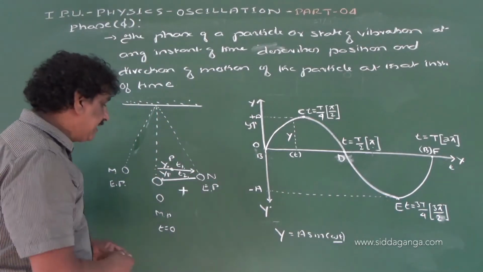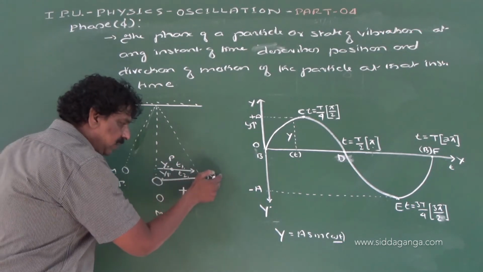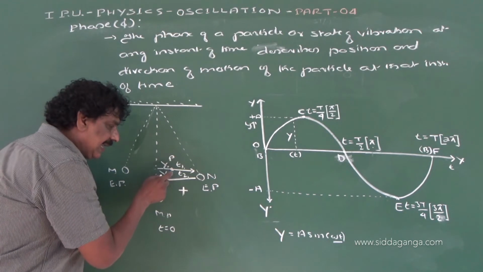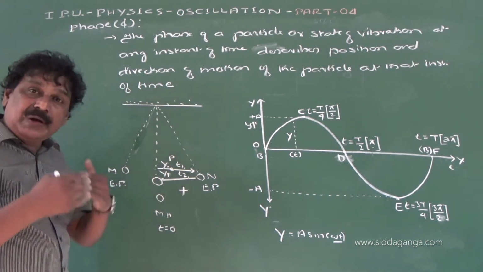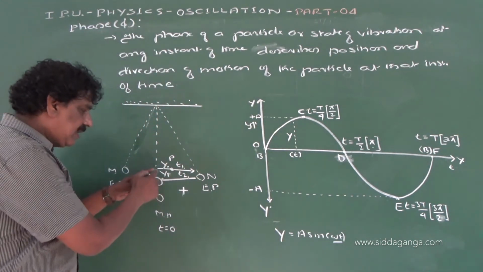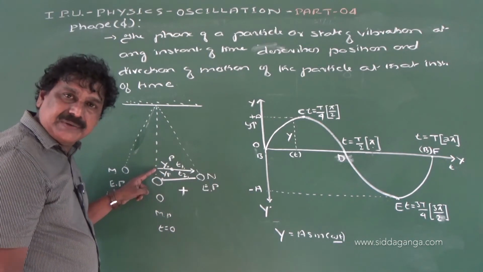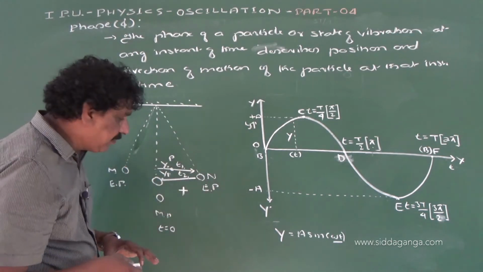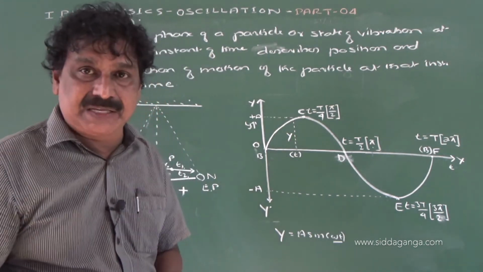So, to locate whether the particle is at P while moving away or at P while moving back, there are two directions: one is ON, away from the mean position, and the second is NO, towards the mean position. It occupies the same position, with the same displacement.